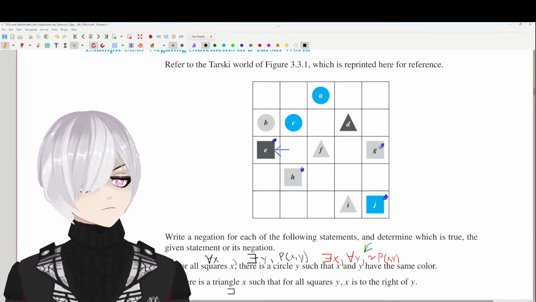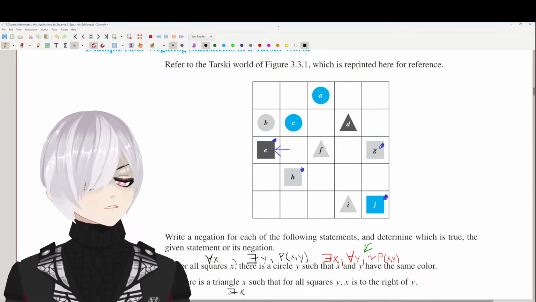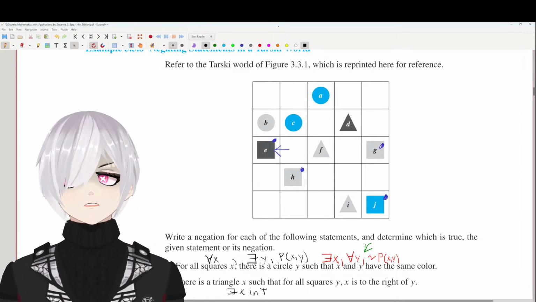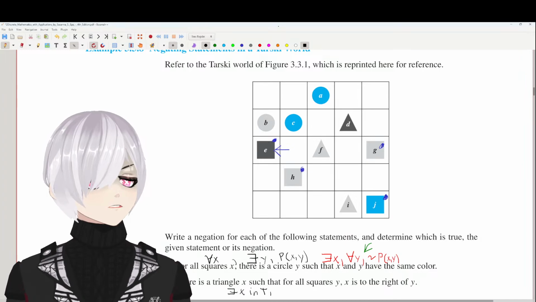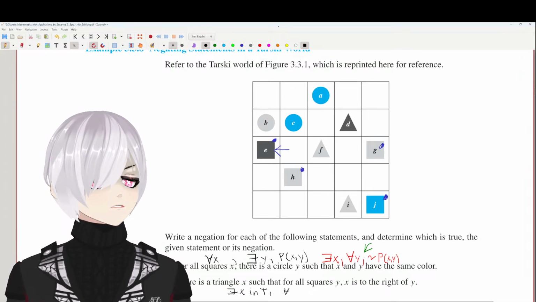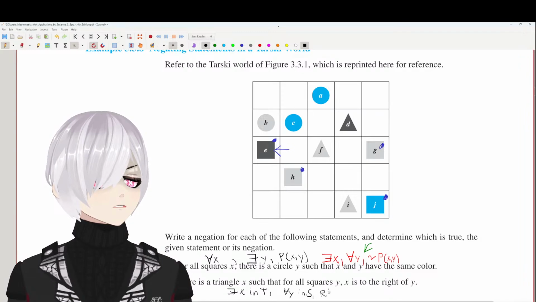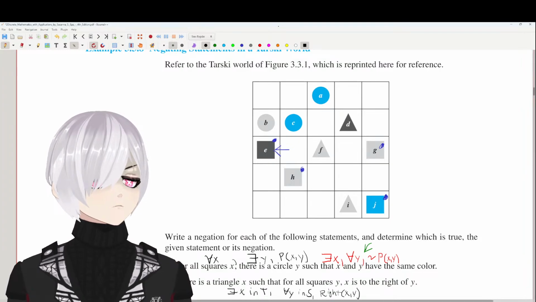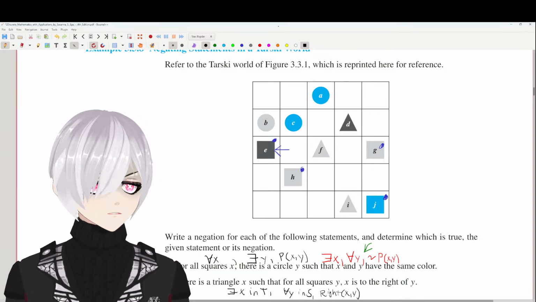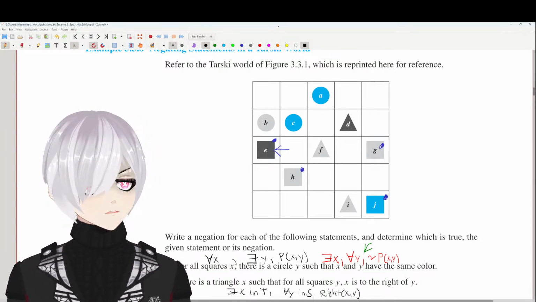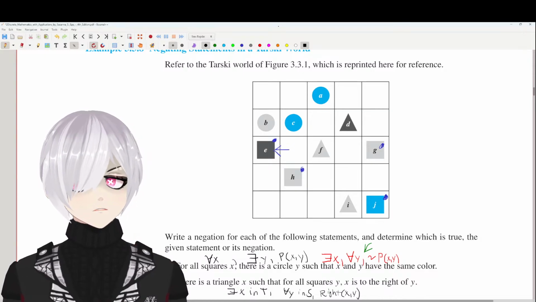So you can say there's a triangle x in T such that for all squares y in S, x is to the right of y, which means there's at least one triangle such that all of the squares are to the left of it.